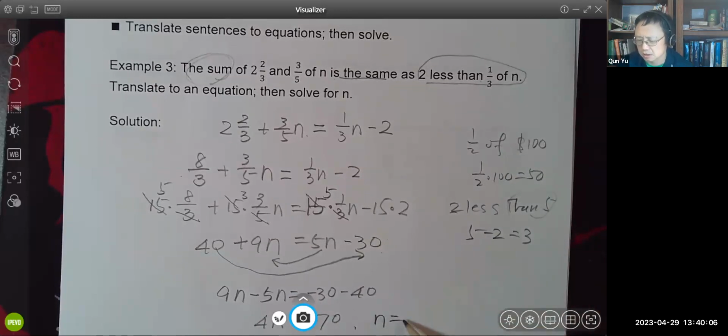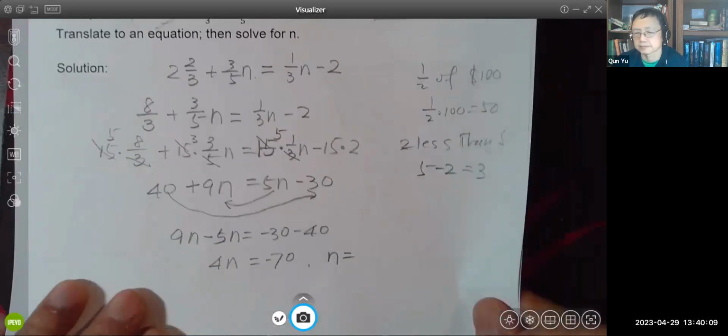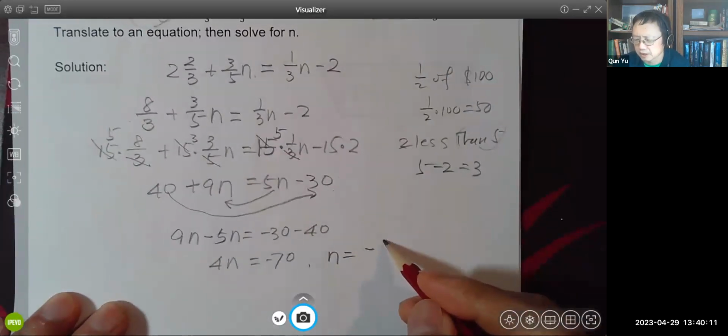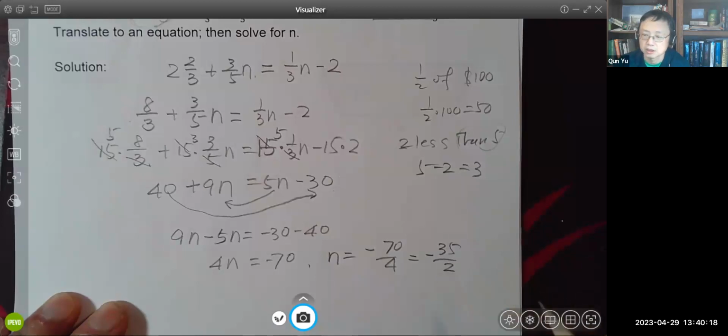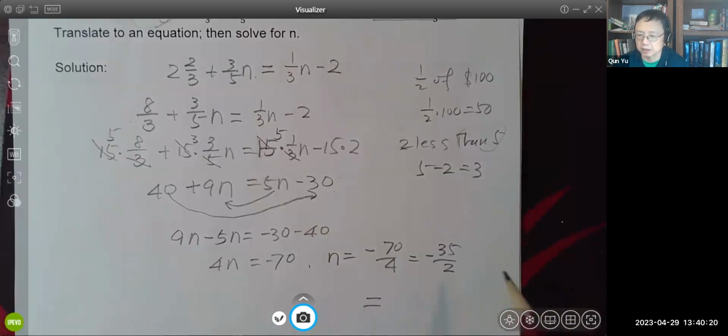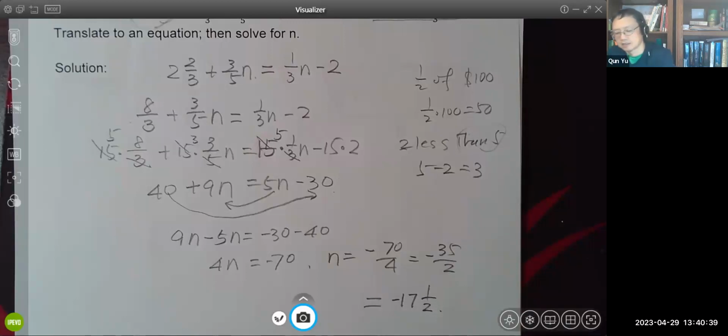So n equals negative 70 over 4. Both can be divided by 2, so negative 35 over 2. If we want to convert it to a mixed number, 34 divided by 2 is 17, so negative 17 and a half. So that's our answer. Negative 17 and a half.